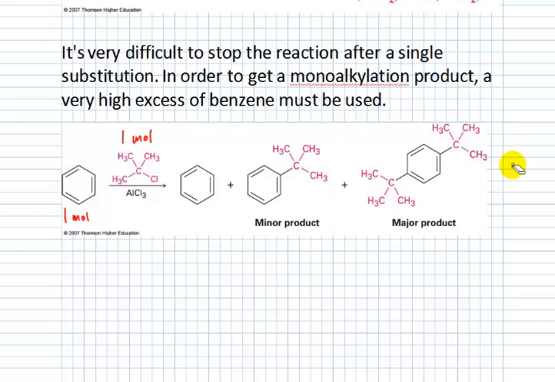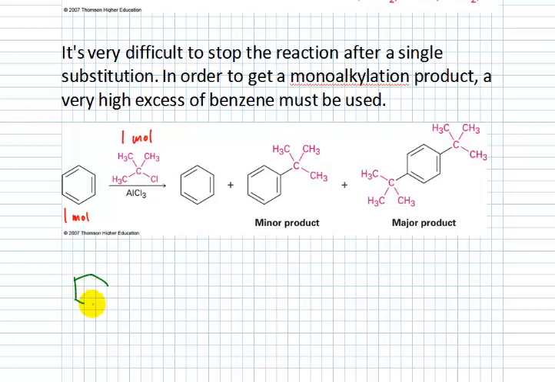That's because as soon as one substitution happens, then this is now more reactive than the original benzenes were. So this will react faster. So we'll get disubstitutions happening quite a bit, and then we'll end up using up our alkyl chloride and have benzene left over. The solution to this is have a huge excess of benzene.